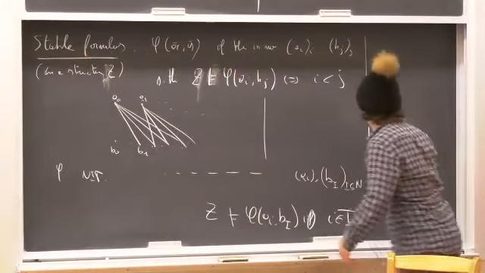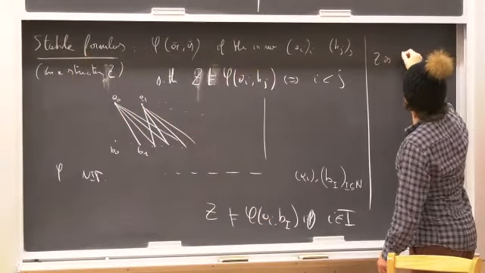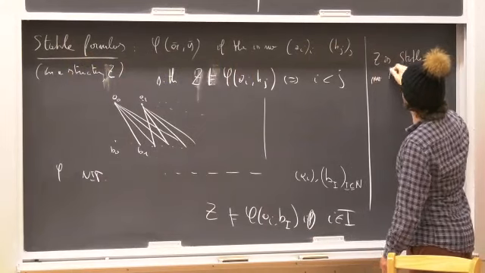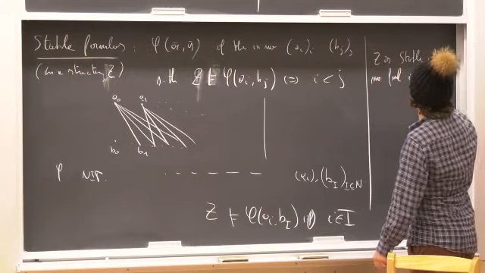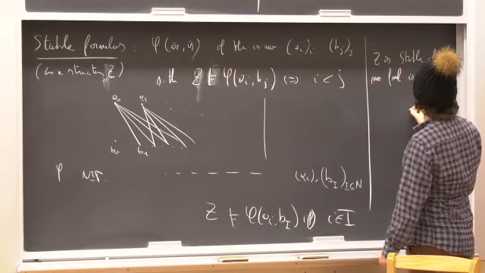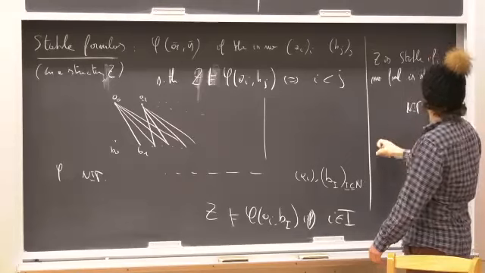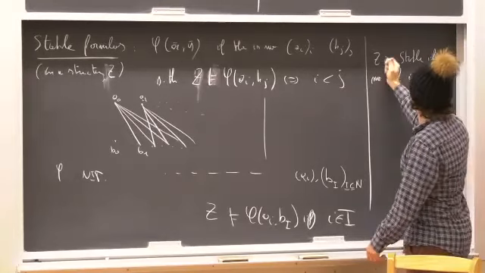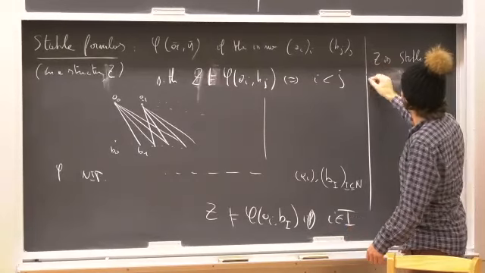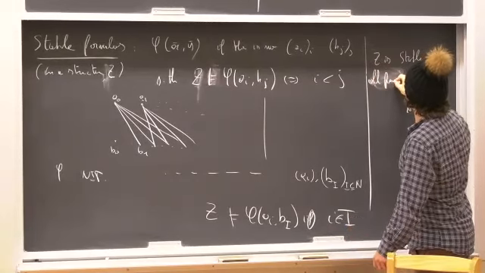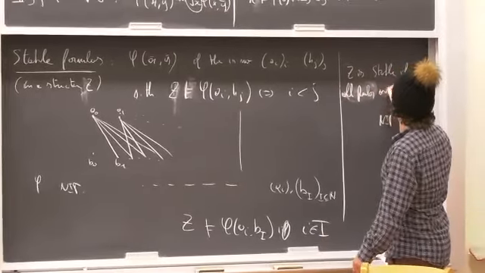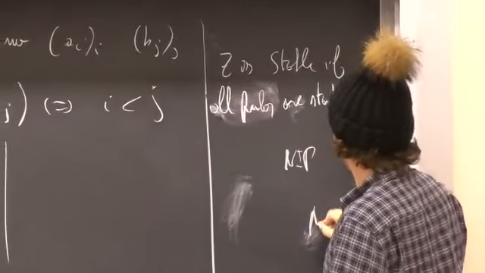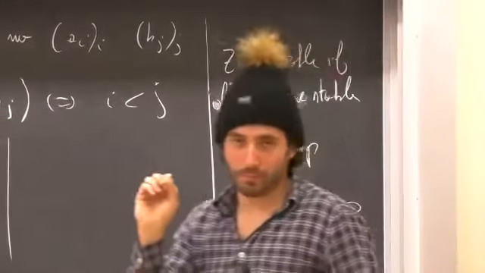Then the structure Z is stable if all formulas are stable, and NIP if all formulas are NIP.